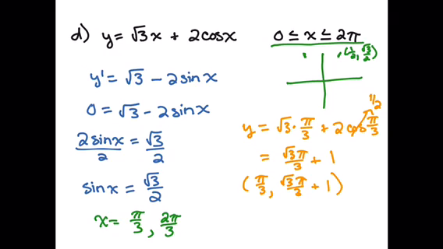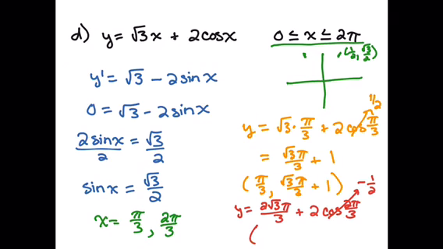And then there's a second point on this curve where we get a horizontal tangent line. So I plug in 2 pi over 3. I'm going to get 2 times the square root of 3 times pi over 3 plus 2 cosine of 2 pi over 3. And cosine is negative in the second quadrant, so this is going to be negative 1/2.